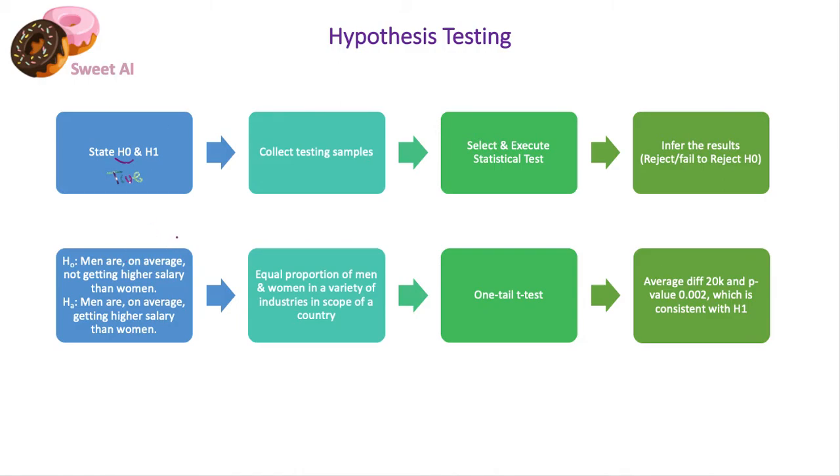And we are going to randomly select a smaller set of samples from the population, and then, based on the information that is given to us, like the type of variables that we have, the number of samples that we have, and many more factors, we select the test and we execute that statistical test.